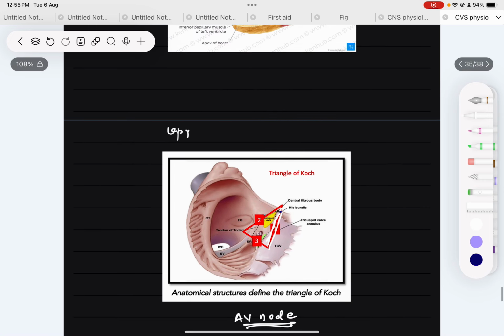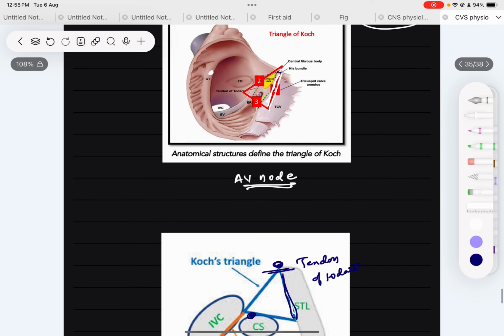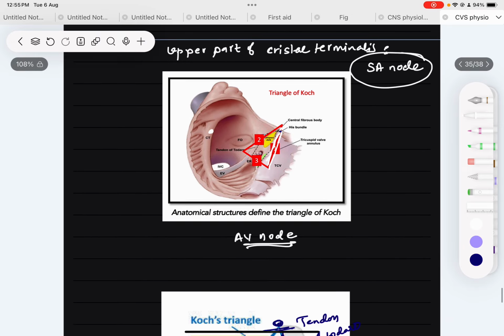And the upper part of crista terminalis, somewhere here like this, there will be SA node. So these two structure locations we have to see in the right atrium.